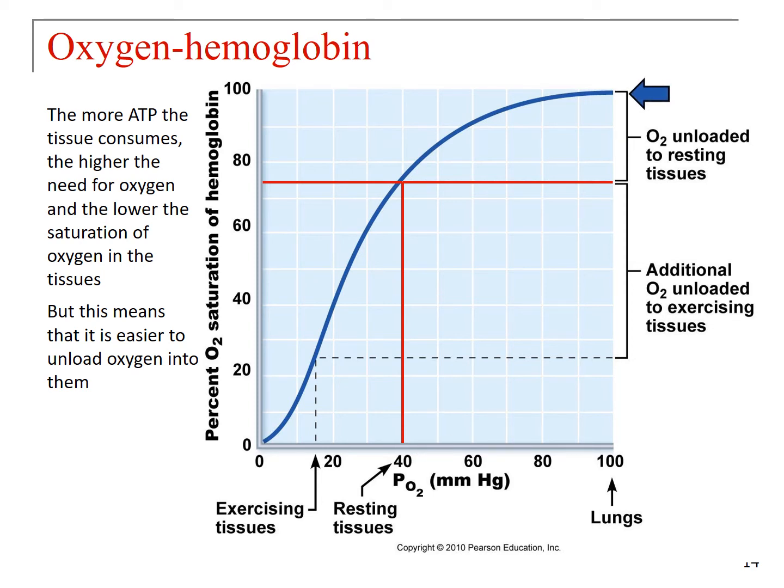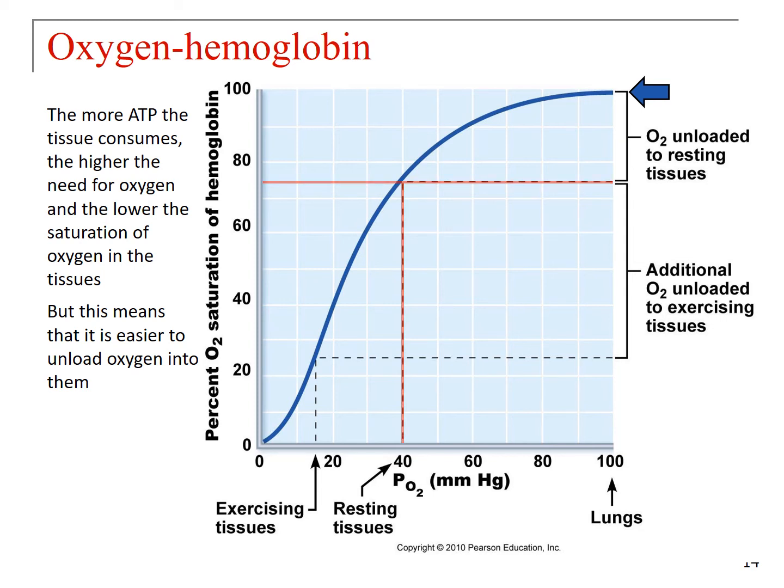And so there's this much difference between the saturation of the arterial blood and the saturation of these resting tissues. That means that you can unload oxygen to resting tissues because of the lower PO2 and the lower saturation in the resting tissues.